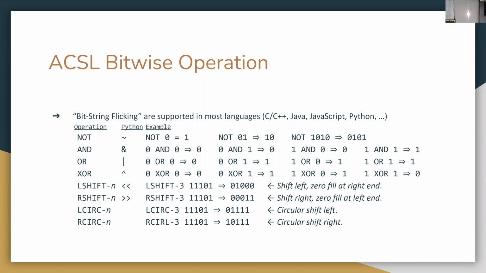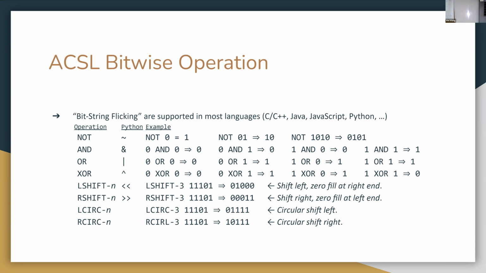When you shift left, you fill the right end with zeros, with 0 bits. If you do a right shift, then the left end is filled up with zeros. The new bits will be zeros.